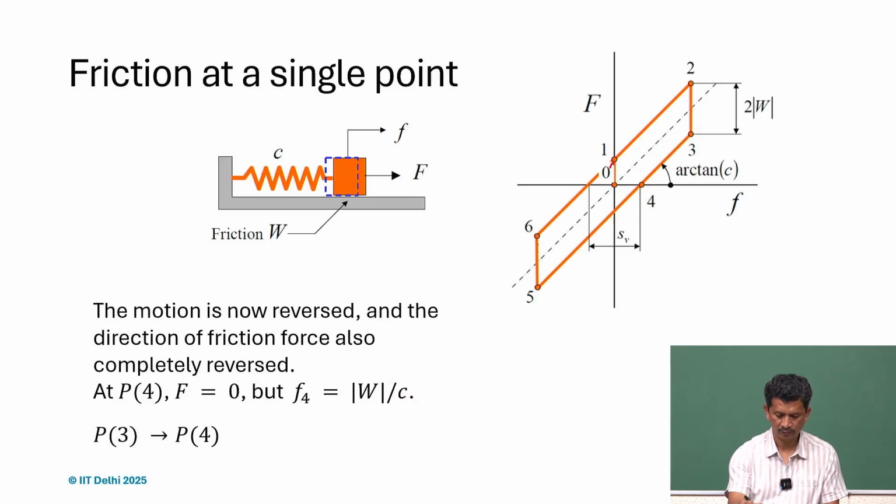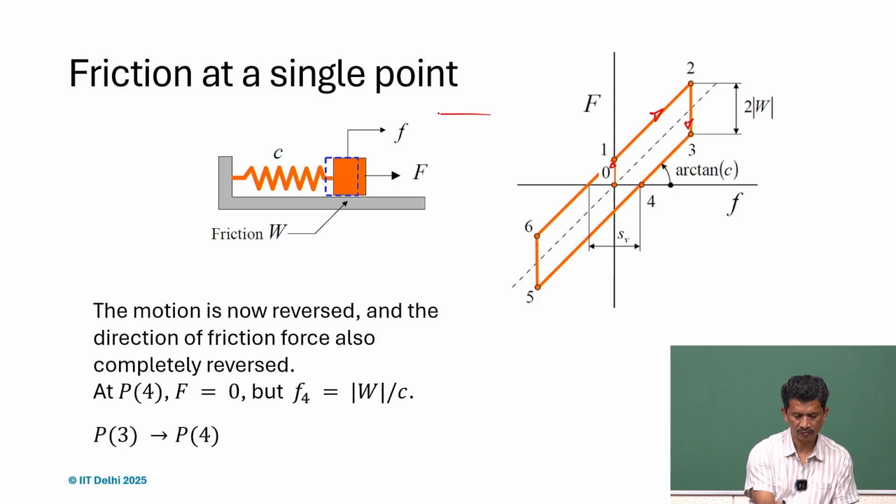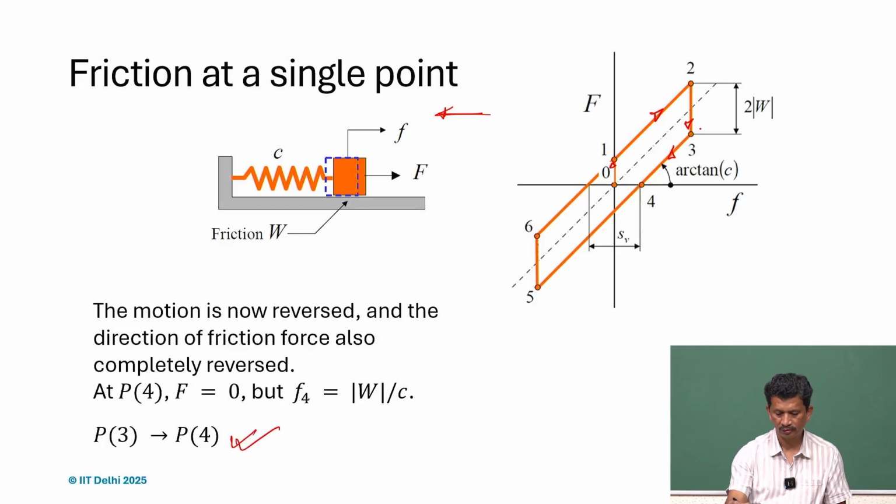So we are here. Now the motion is reversed. Now it's moving this way. So of course then this will continue. So P3 to P4. And it can continue further.